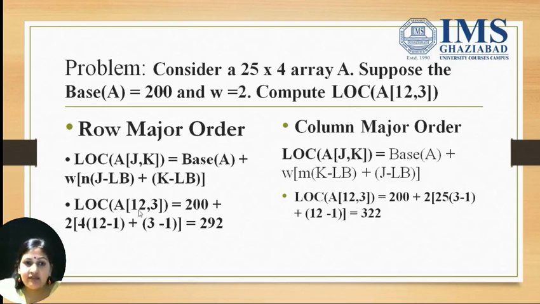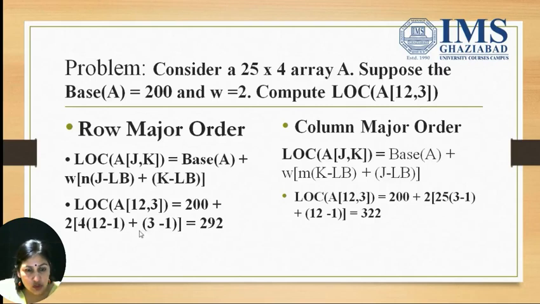After putting the values into the formula, base address A is 200 plus W is 2, and we know it contains 4 columns, so 4 into 12 minus 1. 12 is the row index. If the lower bound of the row is not given in the question, we take it as 1.